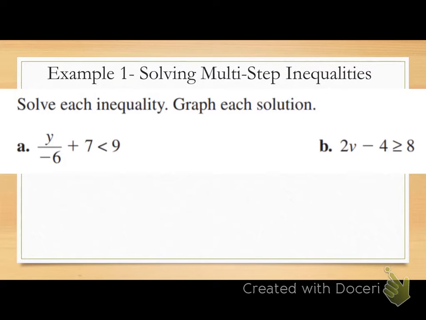Subtract 7. Very good. I'm trying to get the term containing y by itself first, and then I'll focus on getting y by itself. So I'm subtracting 7 from both sides.